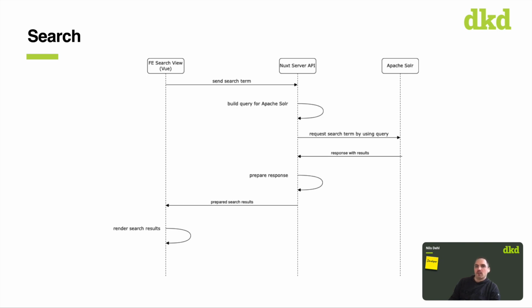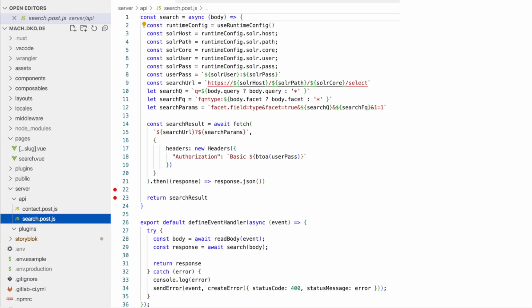So let's have a look at the Nuxt server API side. We use this server side API to not have the Solr credentials and search API directly in the front end. Otherwise, the user and password and that stuff would be visible for every front end user. But you can see that it's in our project structure in the server API folder. So this is only run on the server side.